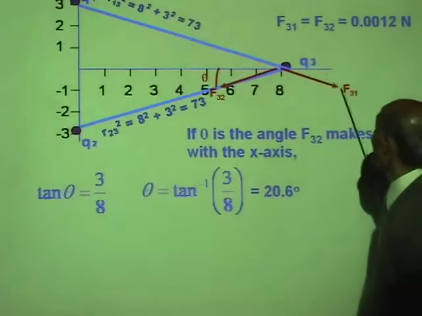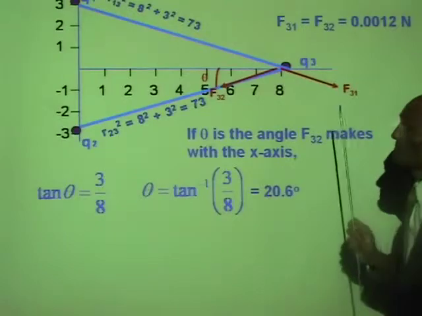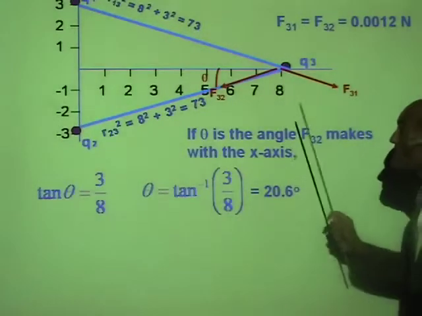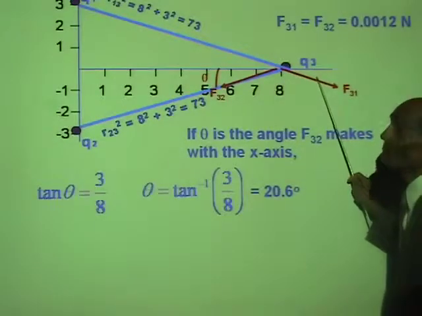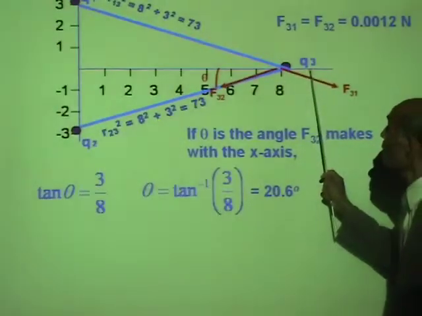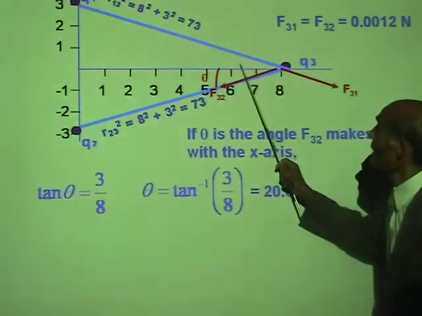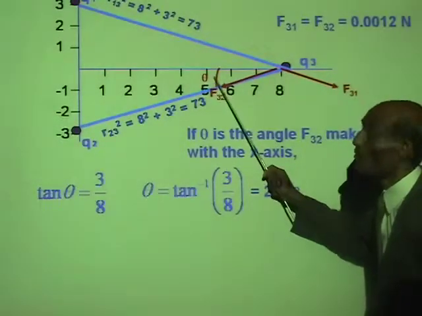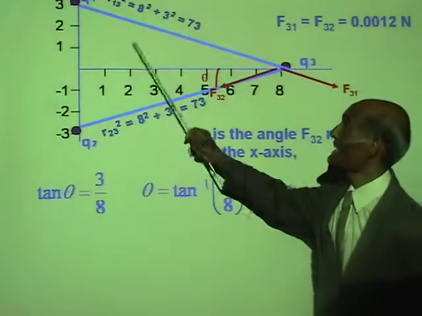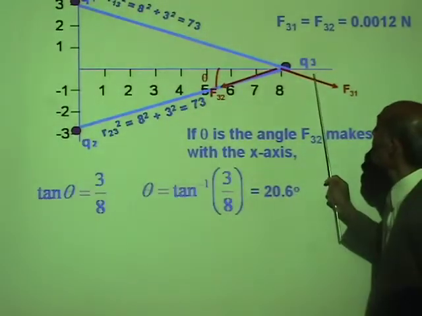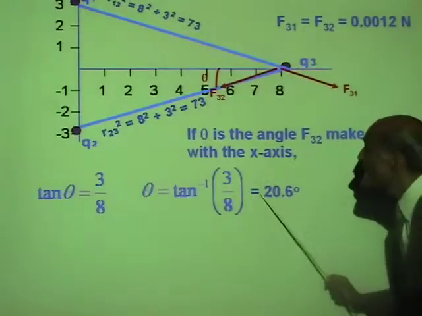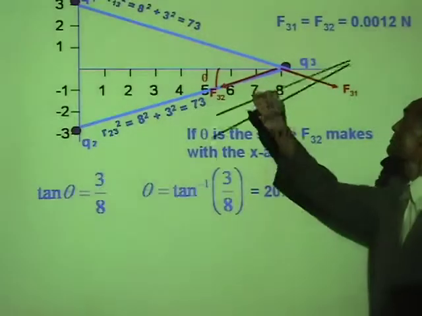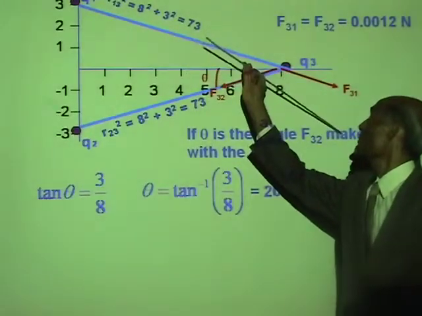Now, can you tell me, what is the angle made by F31 with the x-axis? By symmetry, this angle theta is the same as this angle, because this angle is opposite to that angle, and these angles are equal because the sides are equal. So the angle F31 makes with the x-axis will be negative 20.6, measured from the x-axis downward.